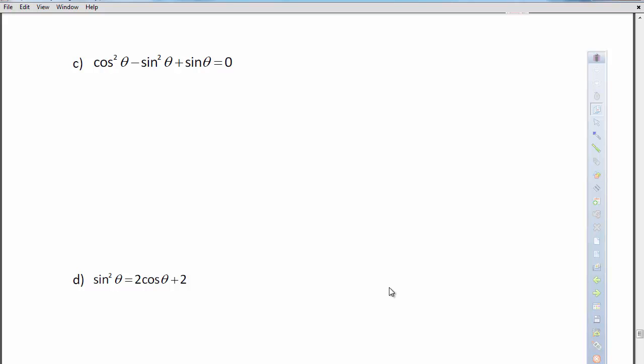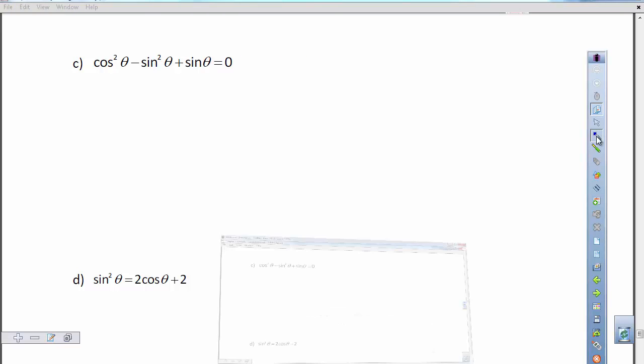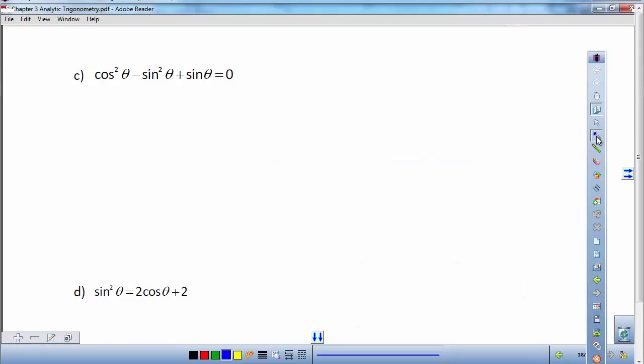What do you think we could substitute for cosine squared theta? Not negative 1, that's not true, but I think you're looking in the right area. Cosine squared theta is equal to what? 1 minus. Very good. Cosine squared theta is 1 minus sine squared theta.